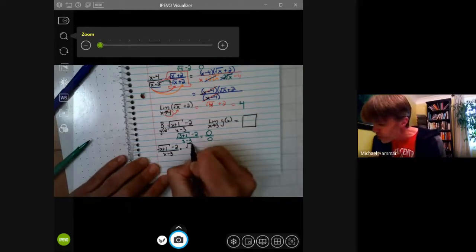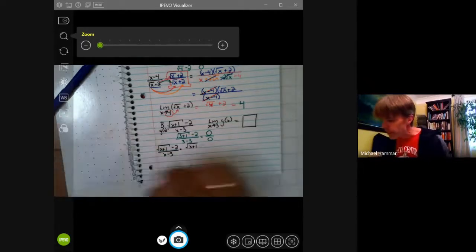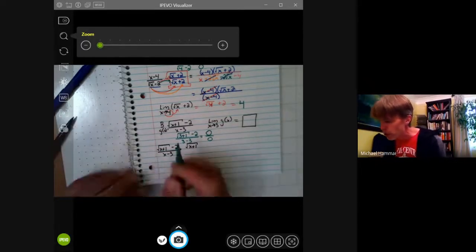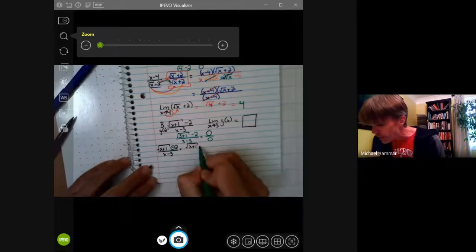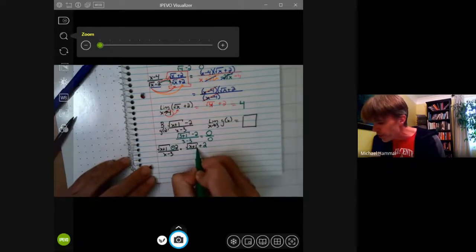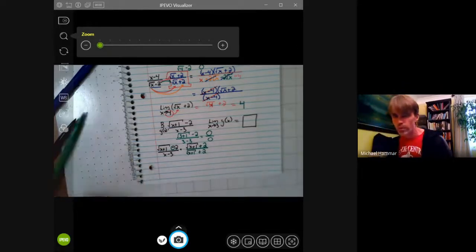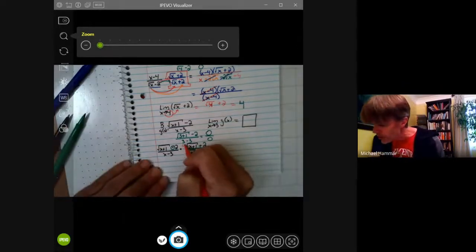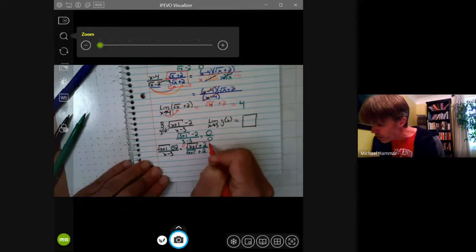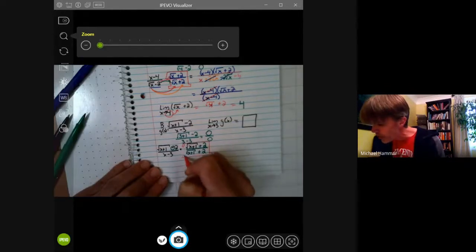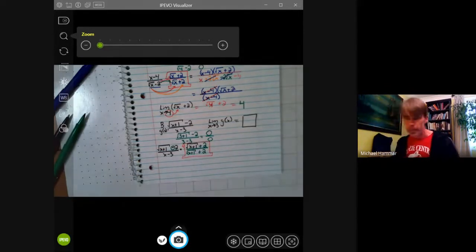So we're going to use the square root of x plus 1, keeping everything under the square root, but notice it's a negative here, so I need to make it a plus 2. And the bottom of the fraction is the square root of x plus 1, plus 2.